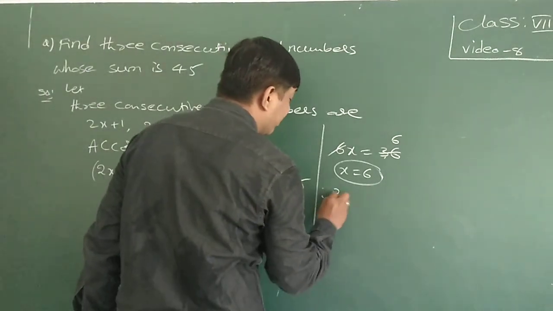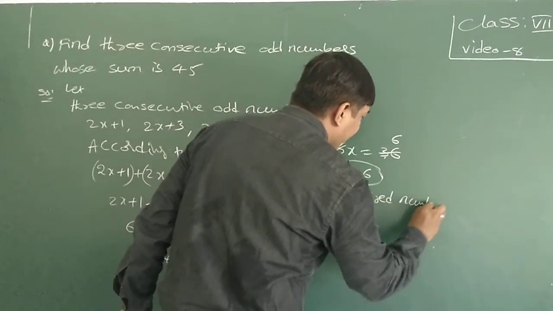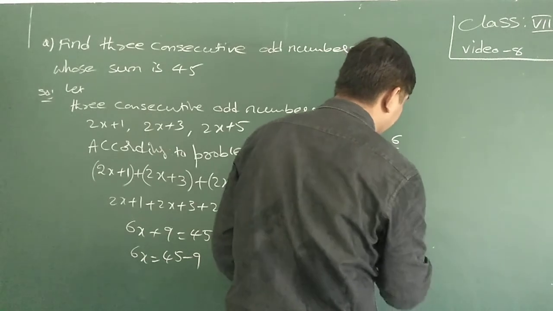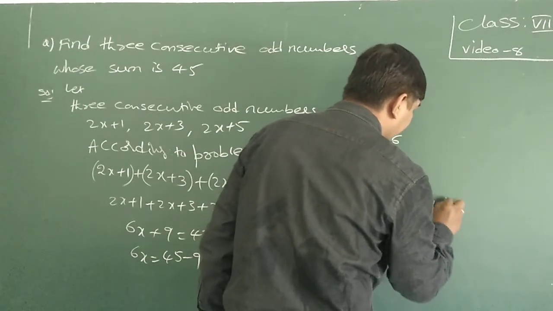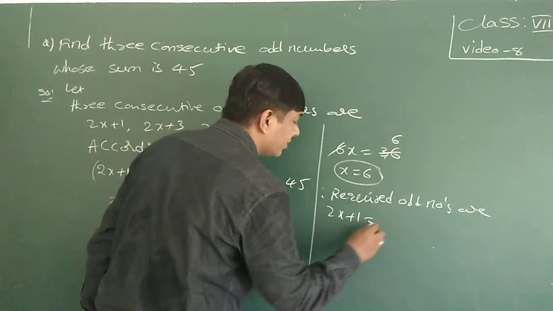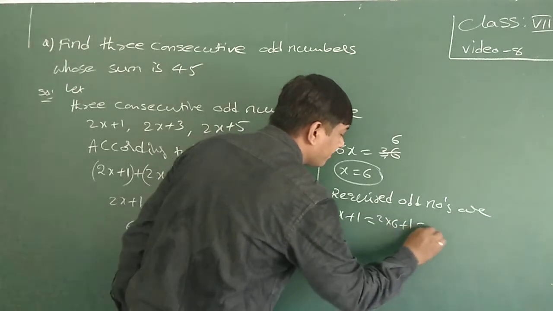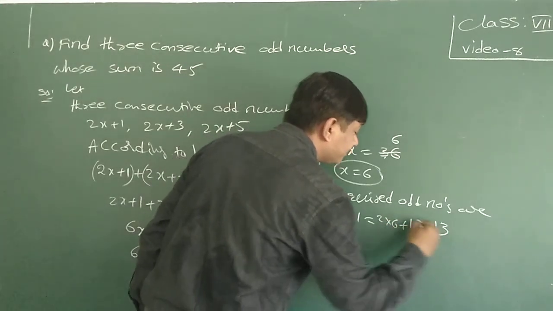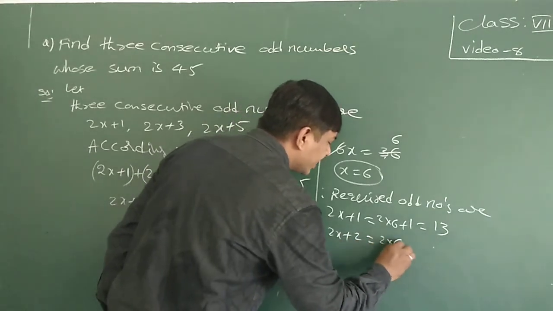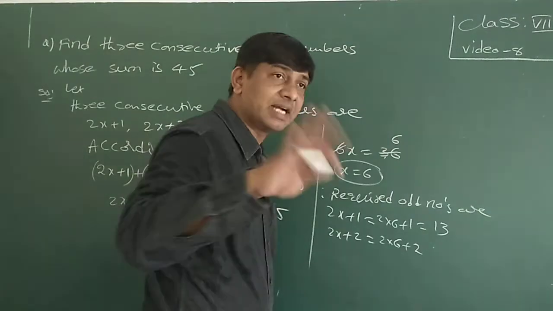Therefore, the required numbers are: first, 2x plus 1 means 2 sixes are 12, plus 1 is 13. Next, 2x plus 3: 2 sixes are 12, plus 3 is 15. Remember, first multiplication, after that addition.